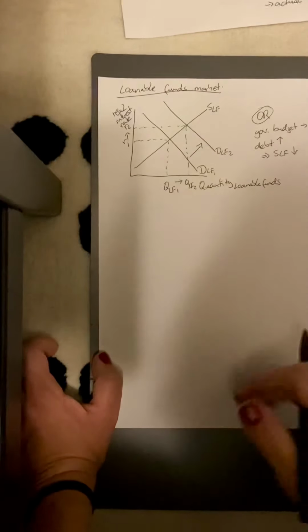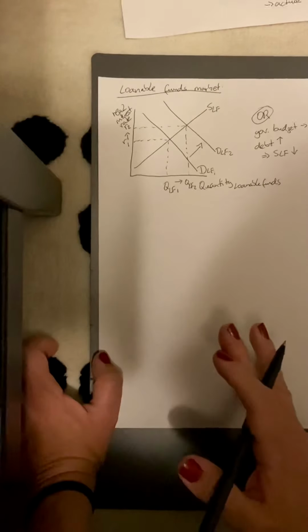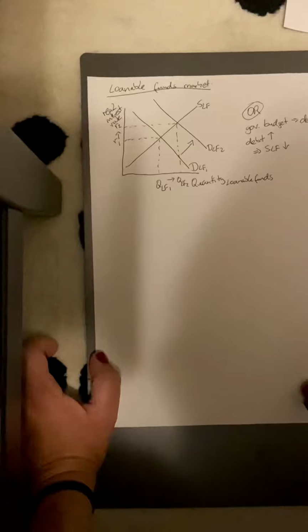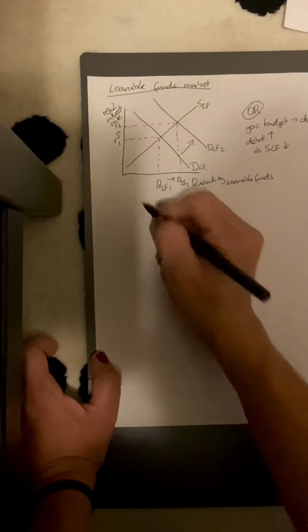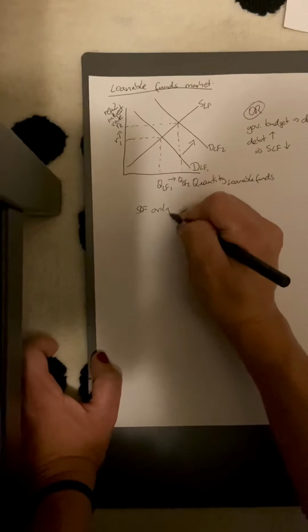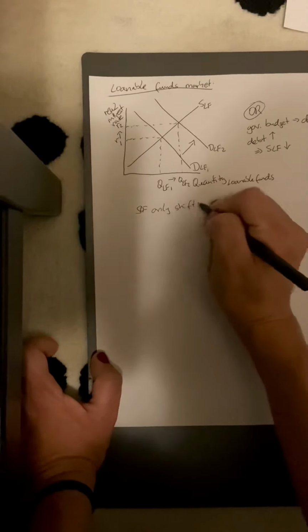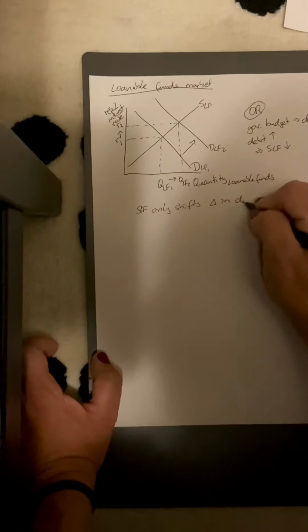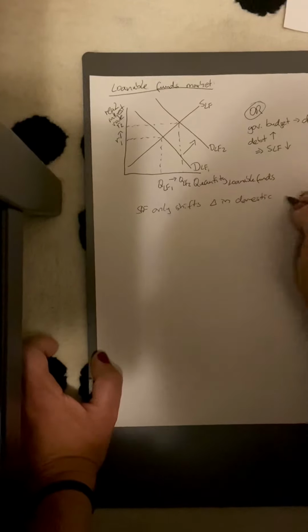But, or, all right? So either or. Whenever you only have one scenario, you can only have one shift, not a double shift, okay? So here, supply of loanable funds only shifts if there is a change in savings, either domestic or foreign.